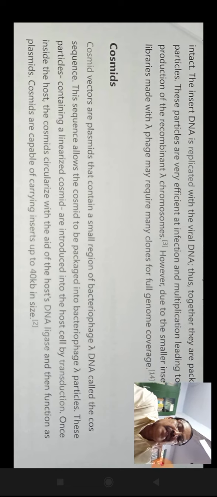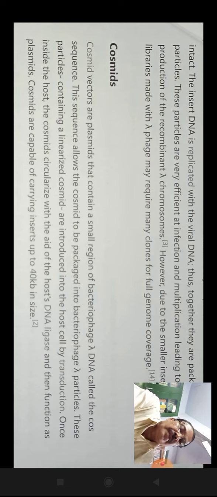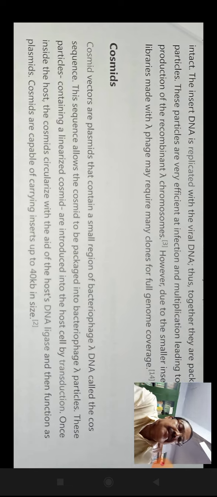These particles containing a linearized cosmid are introduced into the host cell by transduction. Once inside the host, the cosmids circularize with the aid of the host DNA ligase and then function as plasmids. Cosmids are capable of carrying inserts up to 40 kilobase pairs in size.